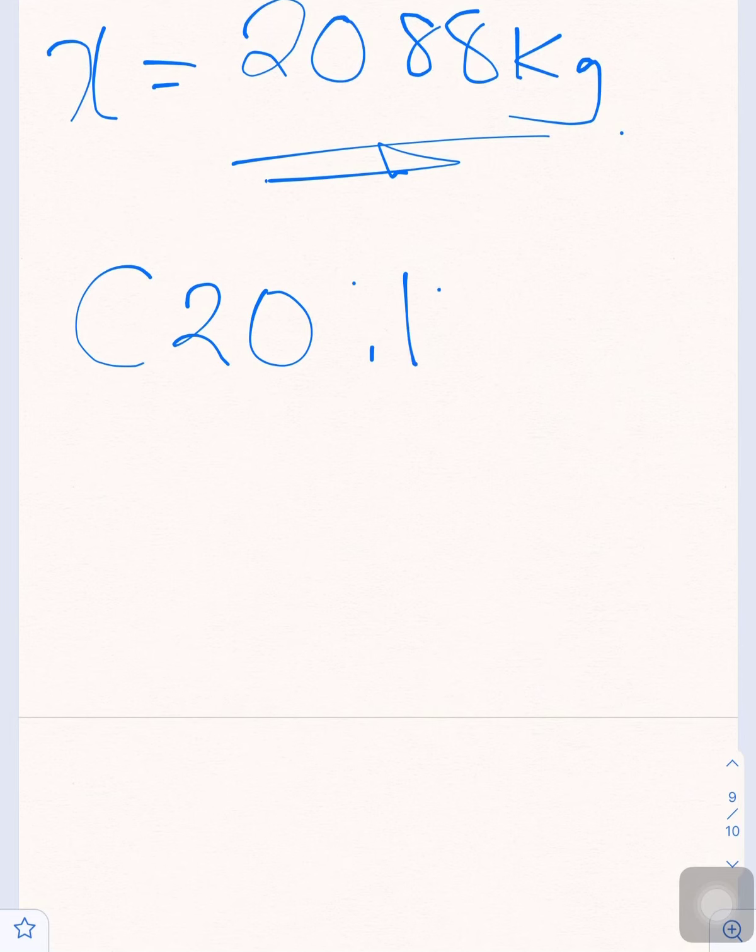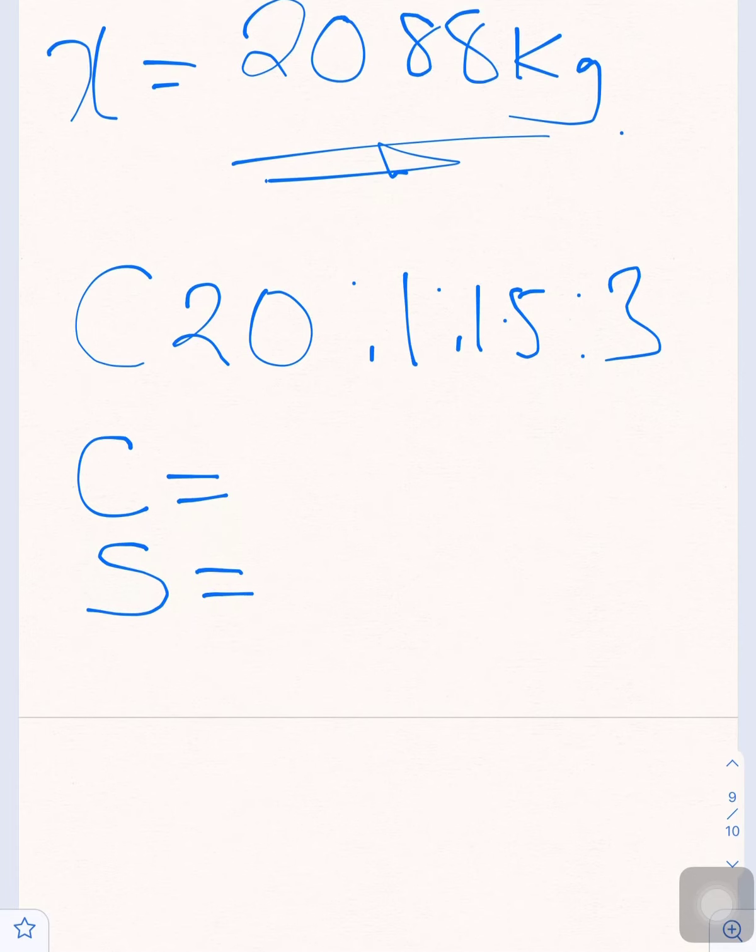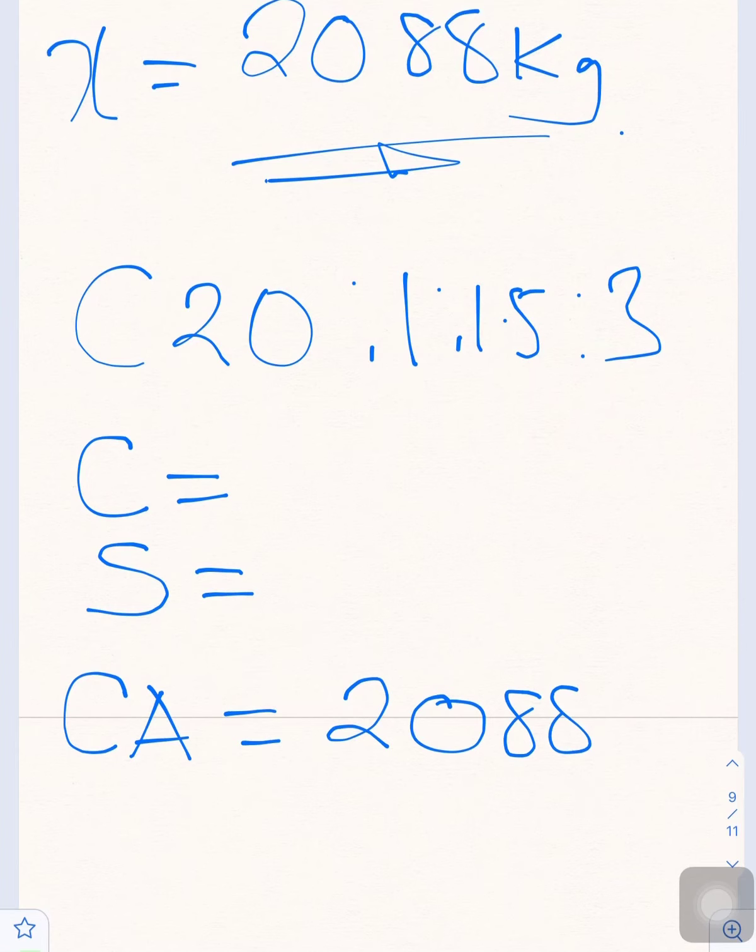So now we know for our C20 of the ratio 1 to 1.5 to 3, remember that it is cement, sand, and coarse aggregate. For our coarse aggregate, we'll need about 2 tons, which is about 2088 kilograms.